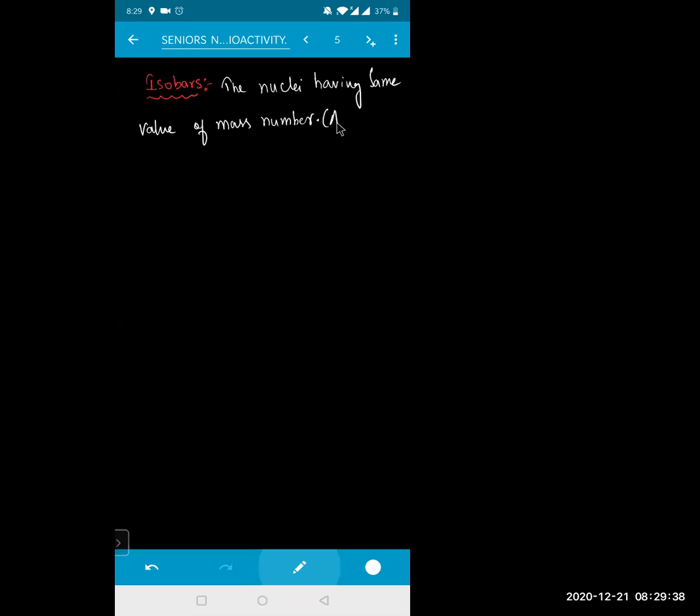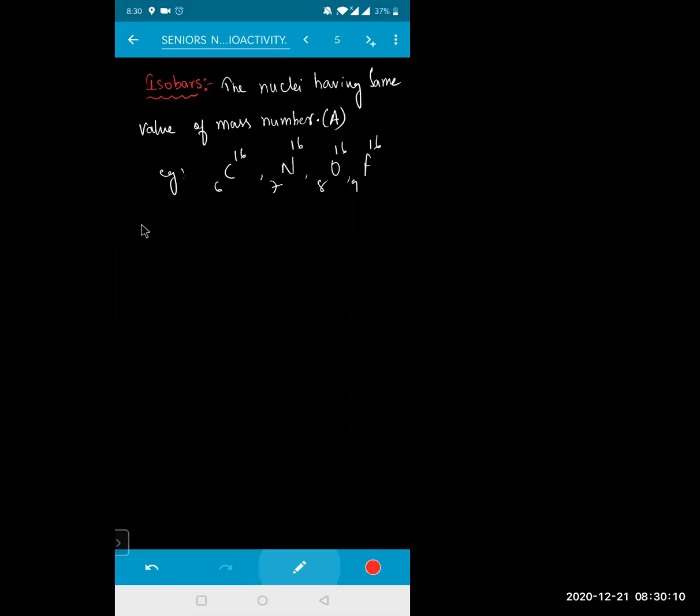Mass number is represented by capital A. Example: carbon 6-16, nitrogen 7-16, oxygen 8-16, fluorine 9-16. They have the same mass number but different atomic numbers, so they are called isobars.